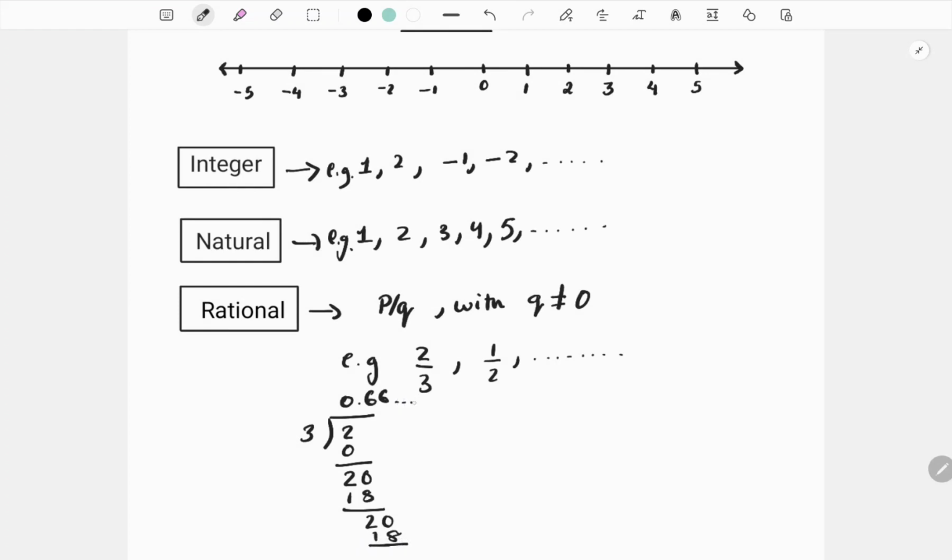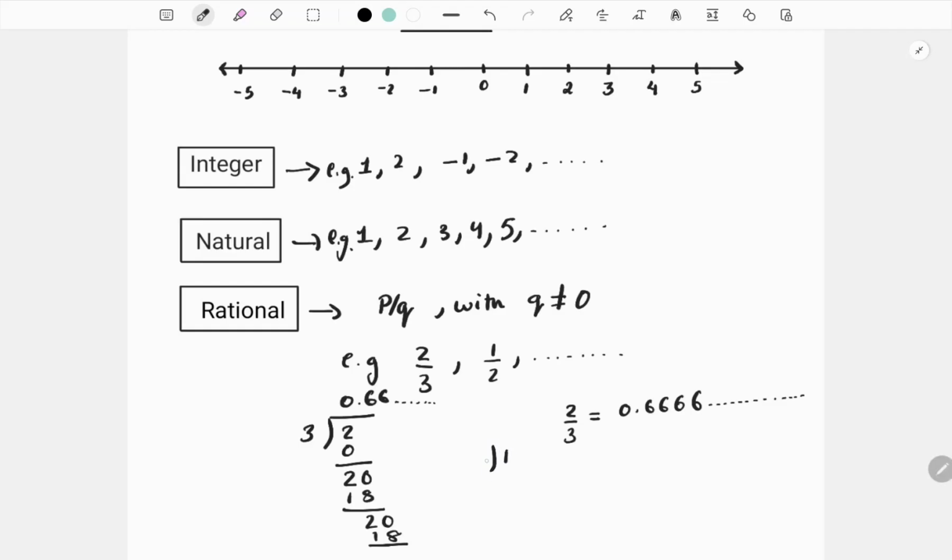So this one will keep on continuing. Therefore 2 by 3 can be expressed as 0.6666 and so on. Although this 2 by 3 is not terminating, it has repeating decimals. Therefore 2 by 3 is a rational number.